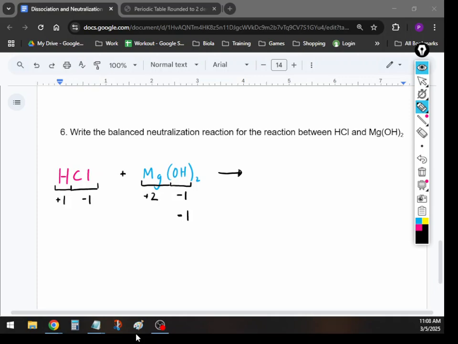So let's write the neutralization reaction now. We said that the hydrogen from the acid is going to react with the OH from the base, so we're going to make our water. We're going to make HOH.